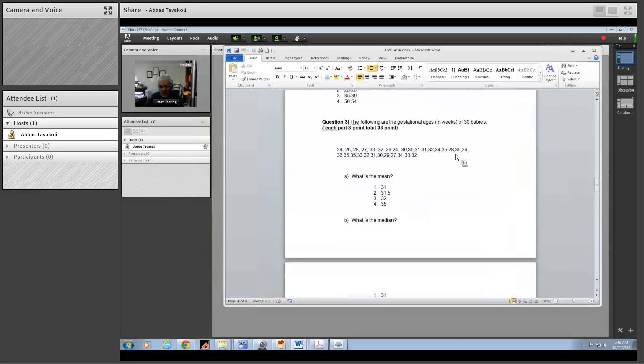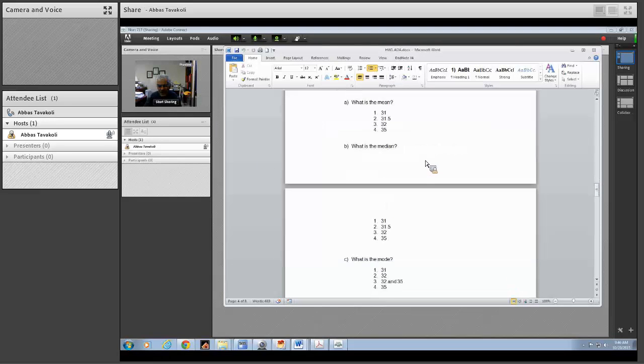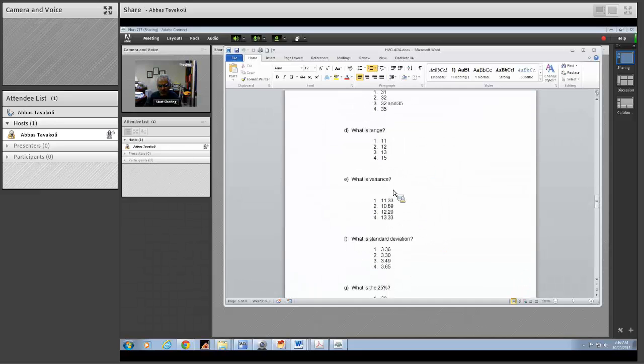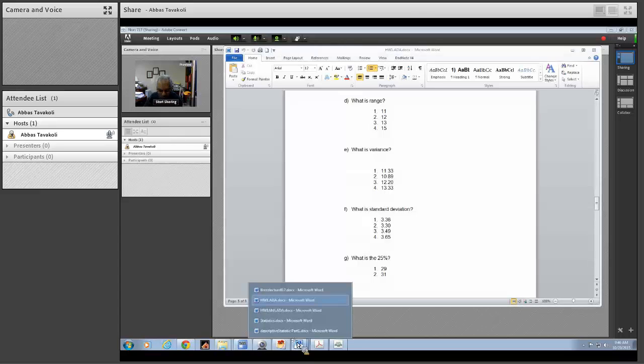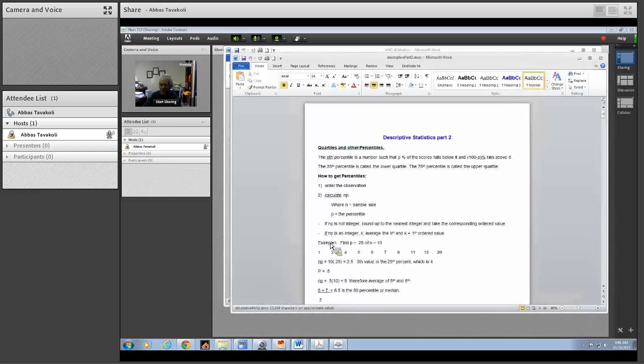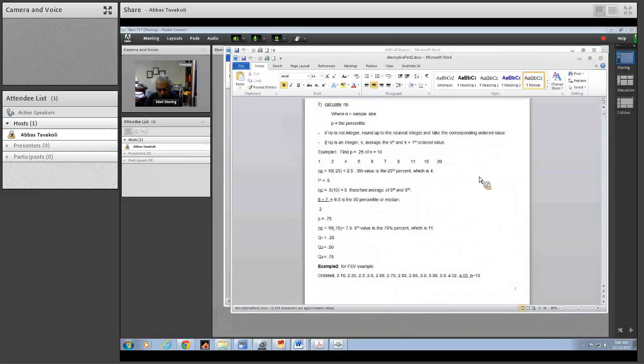The median, remember, is found by ordering the values of the observations. If you have an even number, you have to find the two values in the center and average those two values. The range is the maximum minus the minimum, and the variance you can also calculate easily by using the formula.